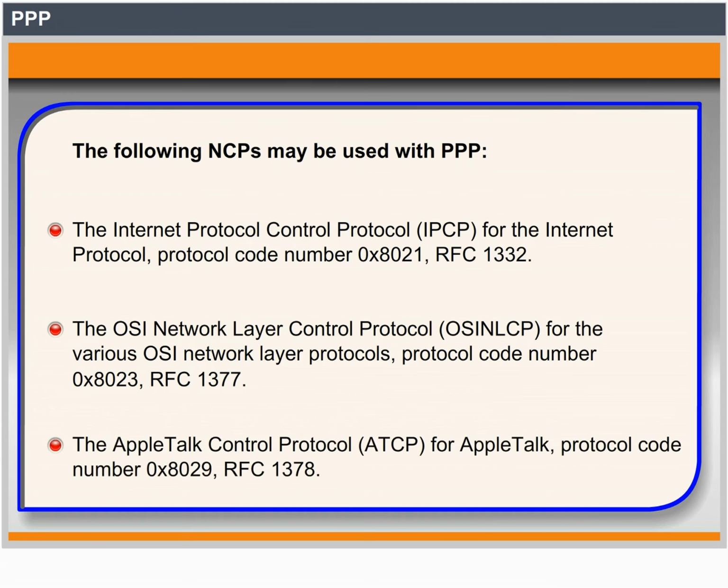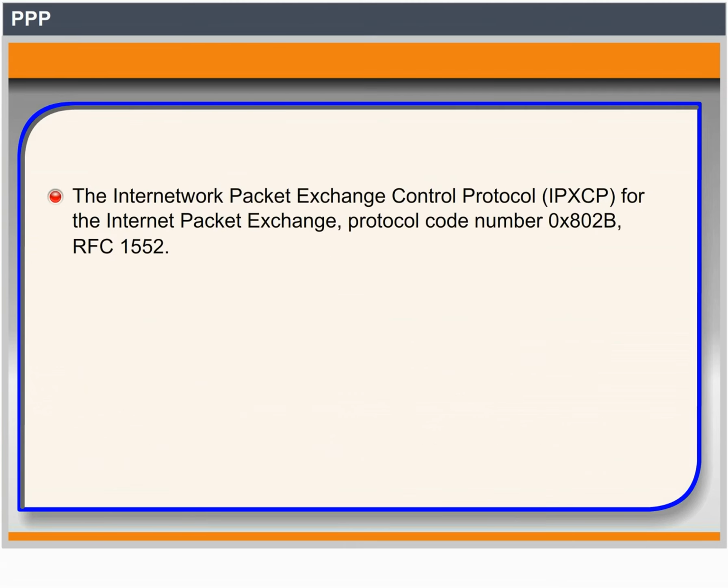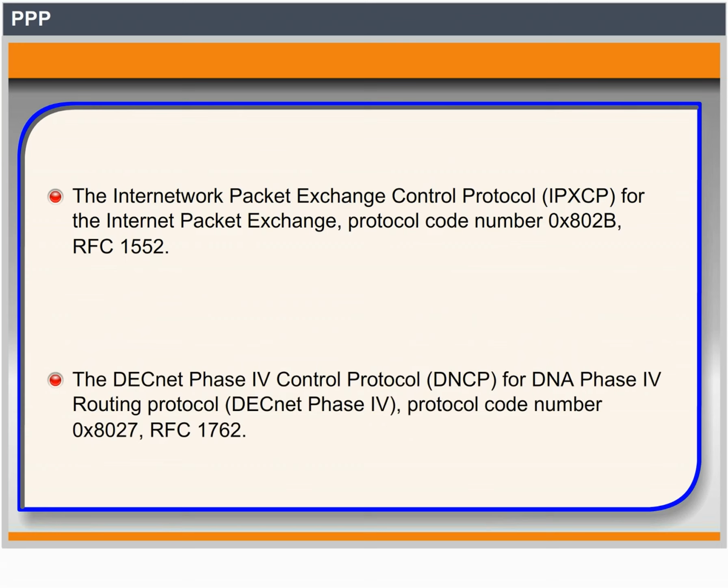The Internetwork Packet Exchange Control Protocol or IPXCP for the Internetwork Packet Exchange, protocol code number 0x802B, RFC 1552. The DECnet Phase 4 Control Protocol or DNCP for the DNA Phase 4 Routing Protocol, that is DECnet Phase 4, protocol code number 0x8027, RFC 1762.